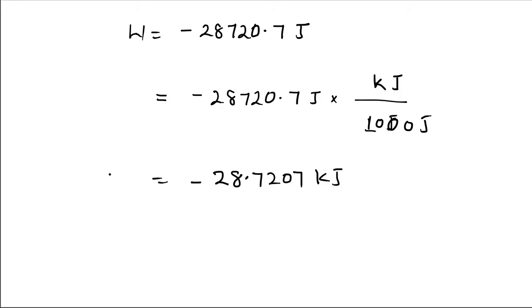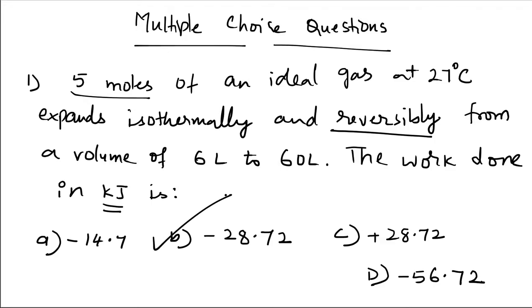So this is our answer for the work done in the expansion of 5 moles of gas from 6 liters to 60 liters at 27 degrees centigrade. The amount of work done is 28.72 kilojoules. Therefore, our answer is clearly B.